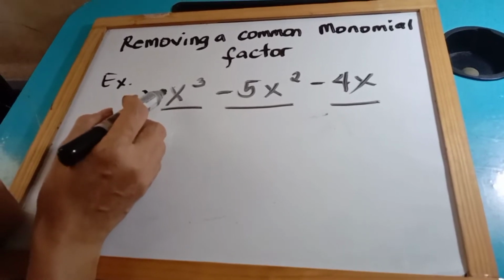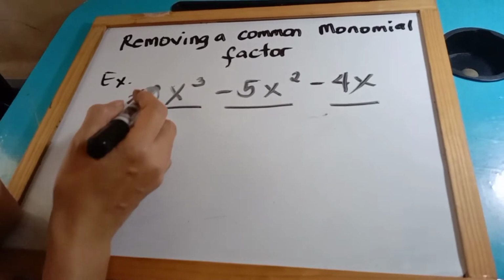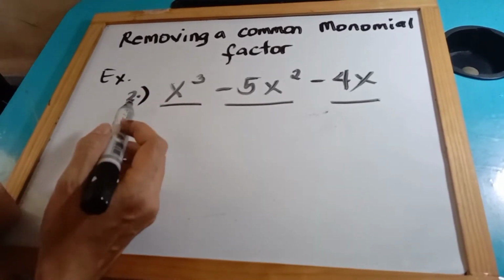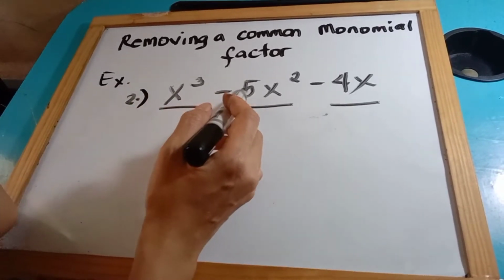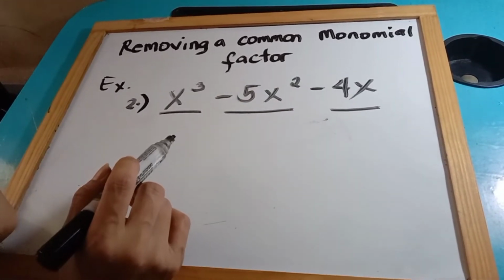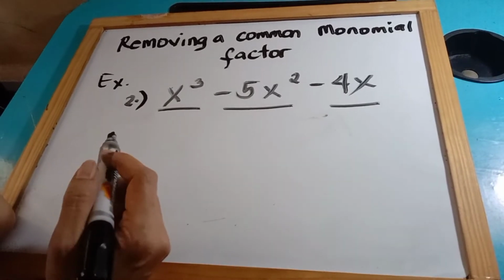Sa first term natin, x cube lang siya. So understood na yung numerical coefficient niya is 1. So if you will look at their numerical coefficient 1, negative 5 and negative 4, ano yung common factor sa kanila? So, walang common factor.